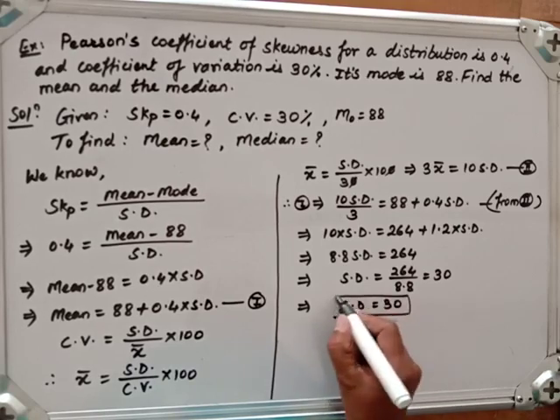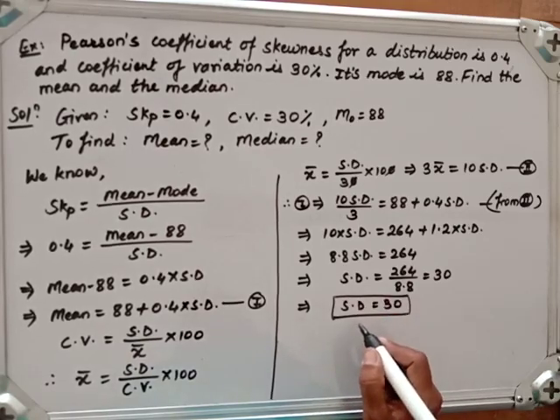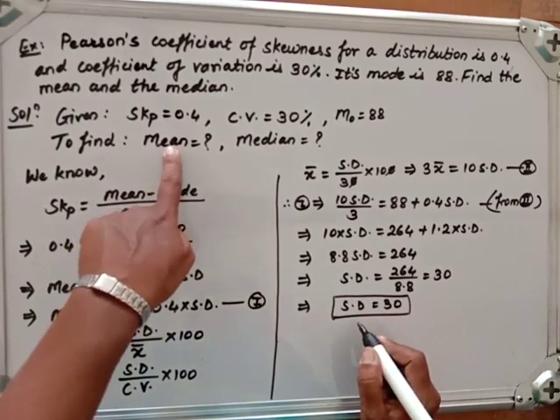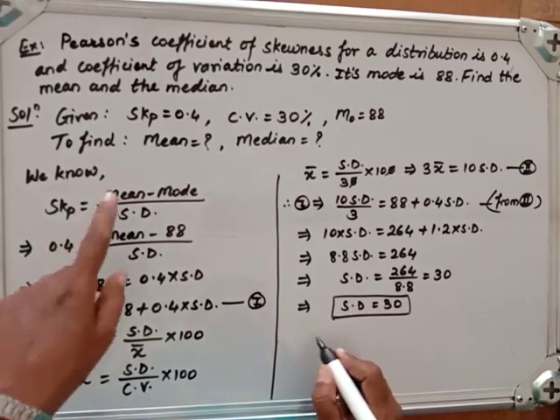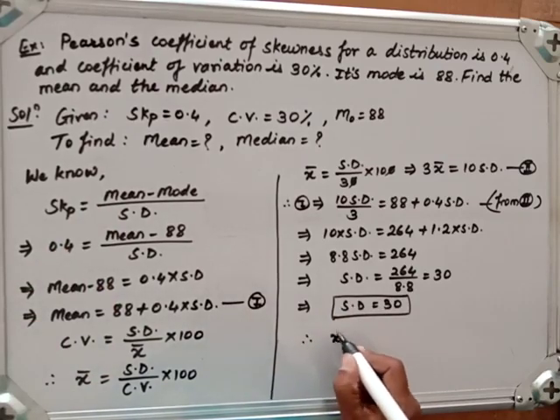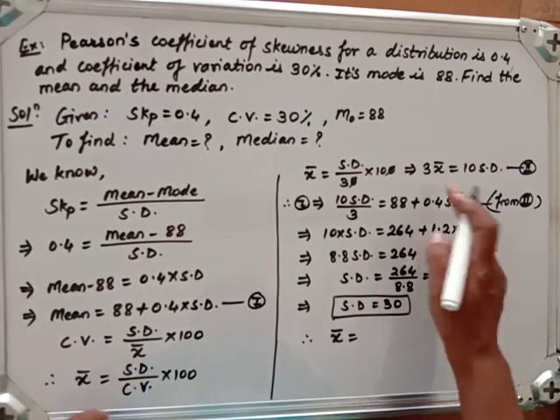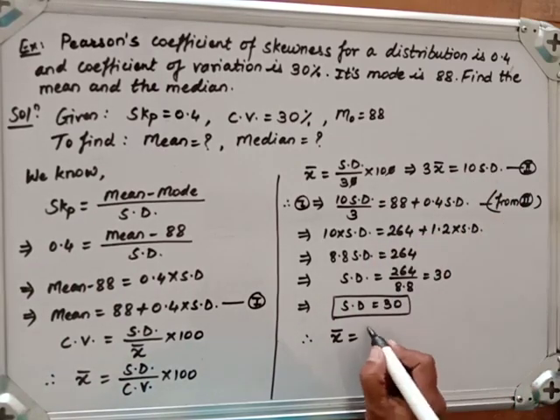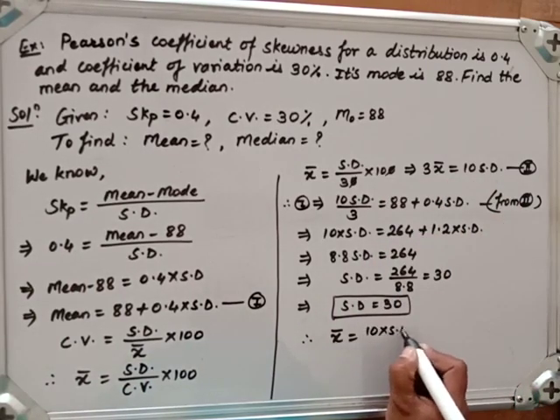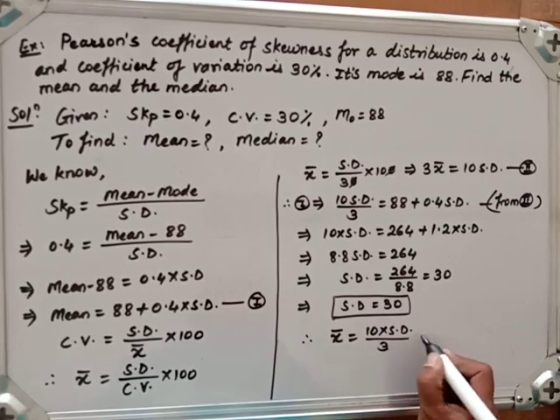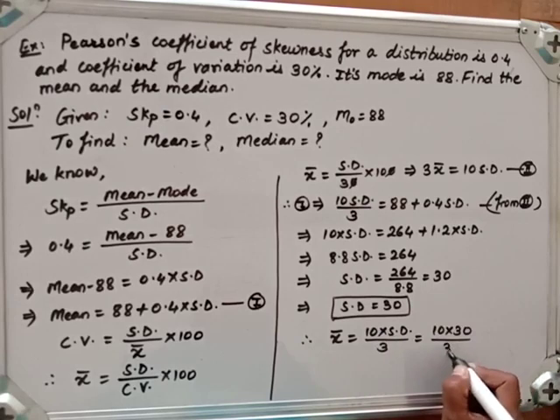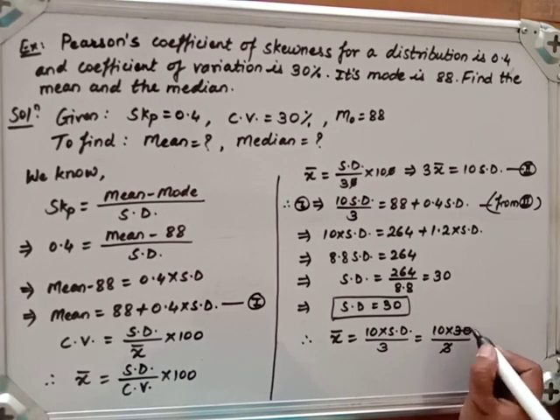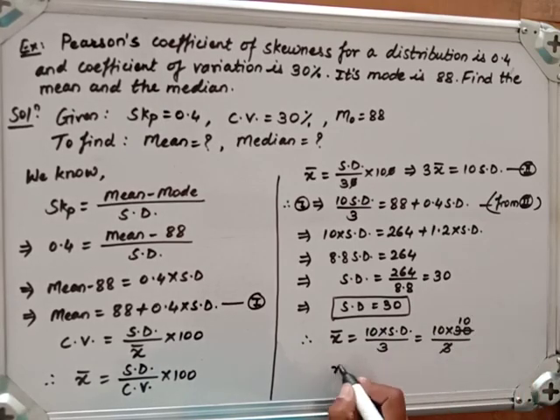Once we get the standard deviation, we can easily get the mean. Therefore mean is 10 times standard deviation upon 3, that is 10 into 30 upon 3, so here I get 10. So mean is 100.